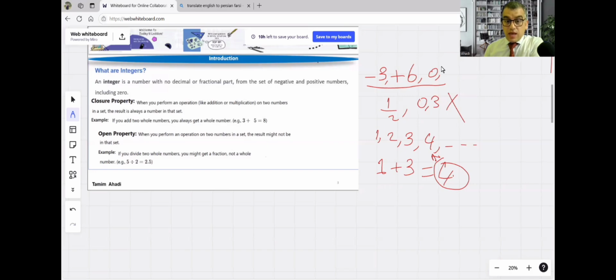Why? Because if you subtract, suppose 3 minus 6, it's equal to -3, right? See, 3 is a natural number and 6 is another natural number, but the result is not a natural number, right? That is why we say natural numbers are open under subtraction.